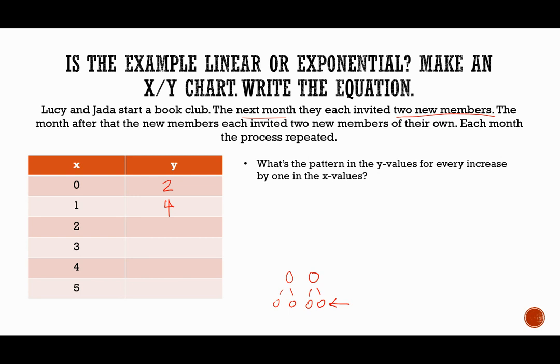All right, and those 2 new members invite 2 new members. So what do we think that is? Each of these 2 new members invites 2 new members. So this person invited 2, this person invited 2, this person, and this person. Okay.